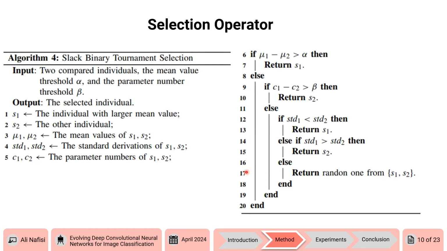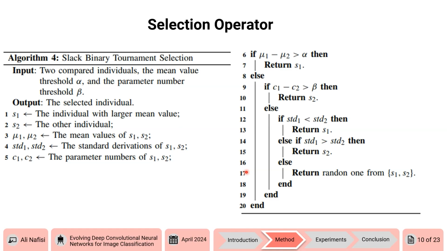Here we have a selection operator. It inputs 2 individuals and returns one of them as the better individual. So first of all, it computes the mu of those two individuals.